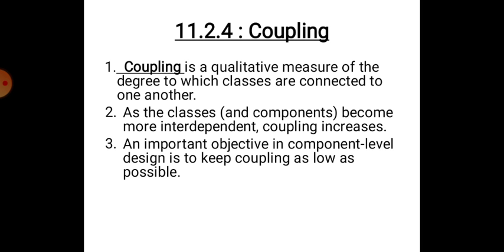So if there is more interdependency, that means there is more coupling. Point number 3. An important objective in component level design is to keep coupling as low as possible. So coupling should be as low as possible, whereas cohesion should be as high as possible.